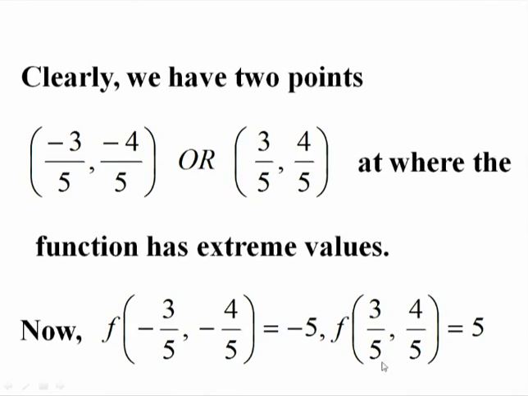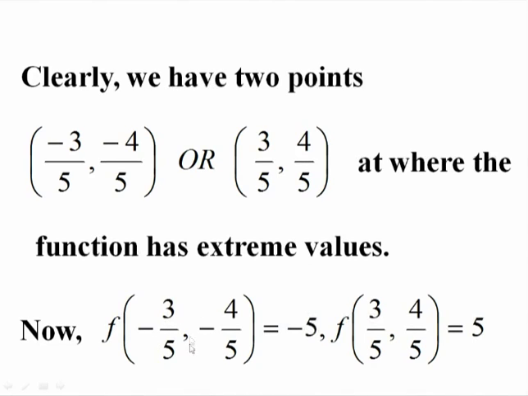And f at the point 3 by 5, 4 by 5. If we take a nearer point 0, 0, then it has value 0, so this is lower than the 0 value.